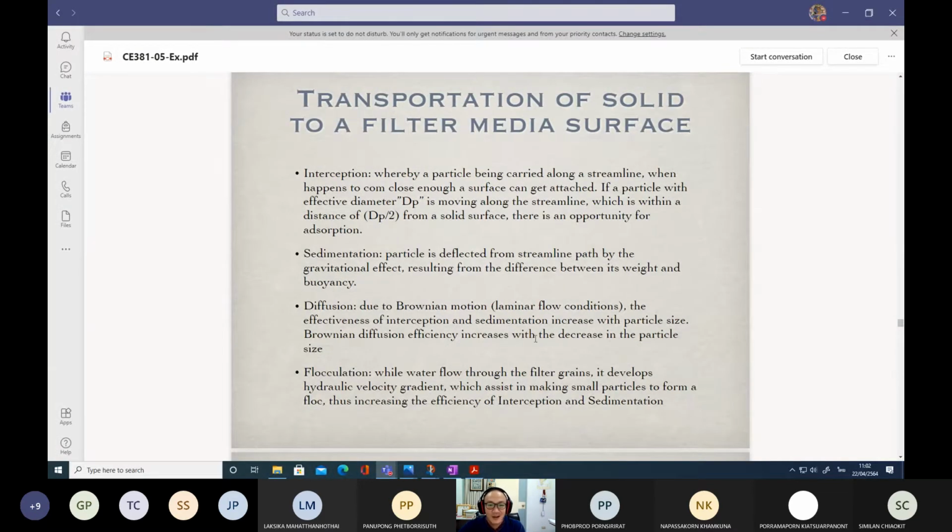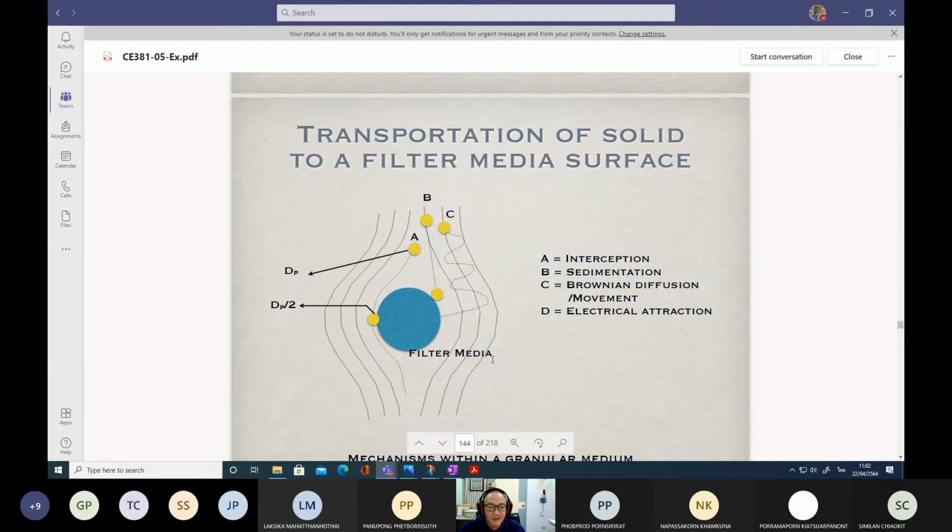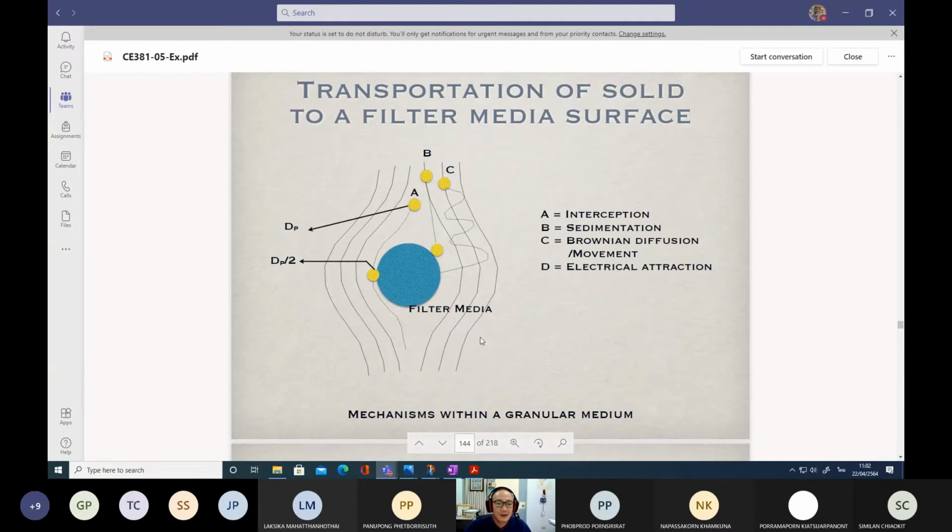These are explanations about all the phenomena that take place in the filter media. Here is the figure summarizing the mechanisms within the granular medium. This is the filter media. It could be sand or it could be gravel.